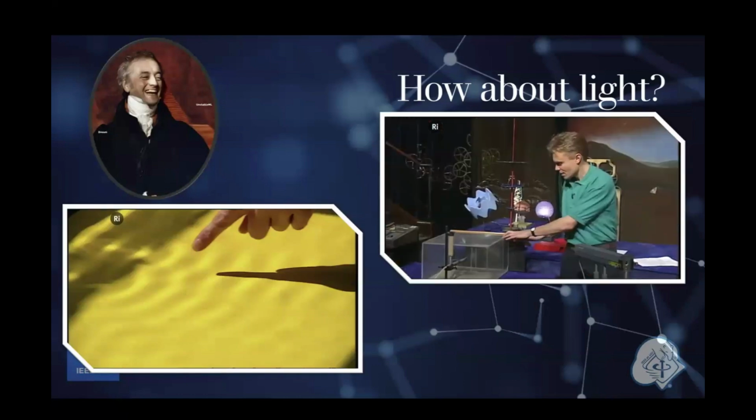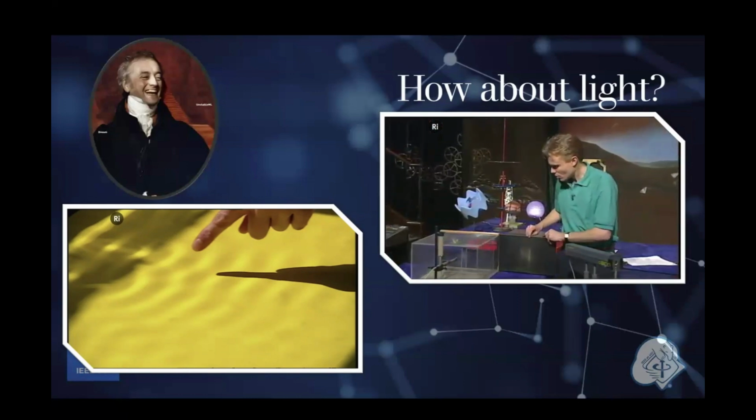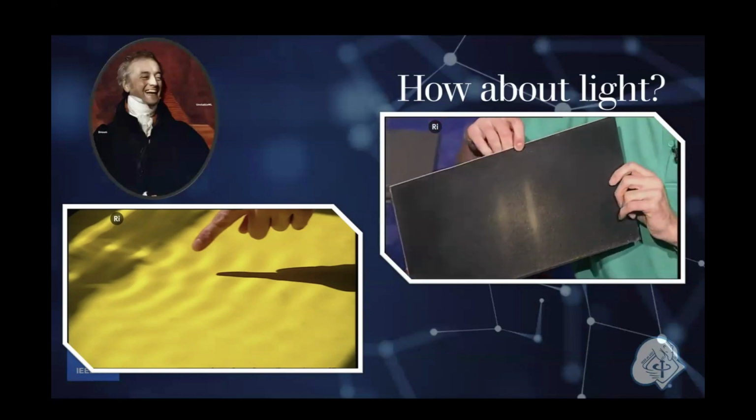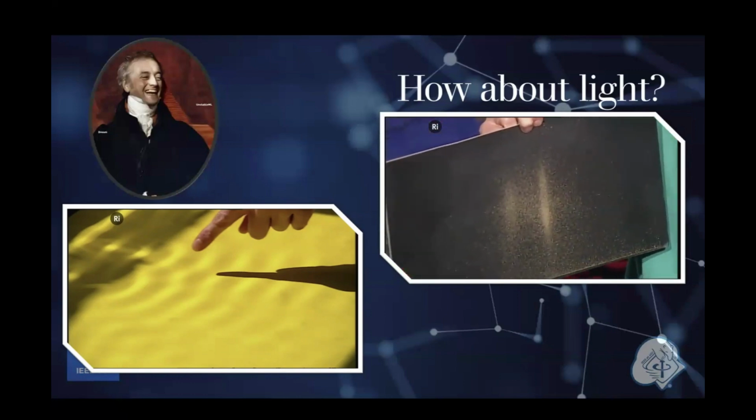Okay, as you can see, it's two slits near each other. So if something is a wave, when it goes through two slits, it will create a pattern like this one, on the left. And if it's a particle, it creates something like that.